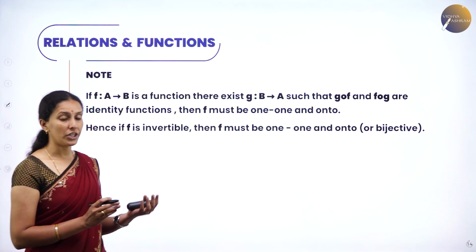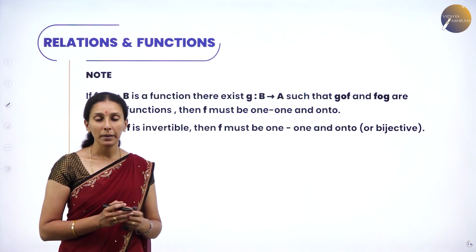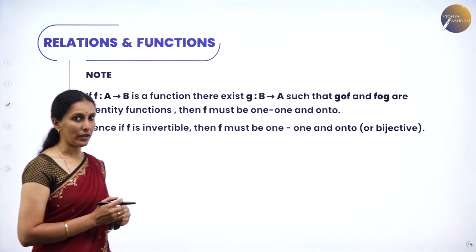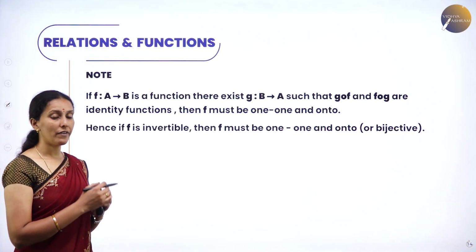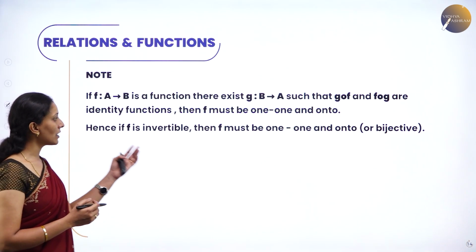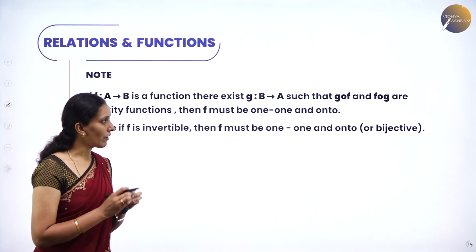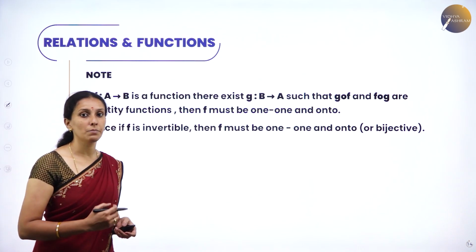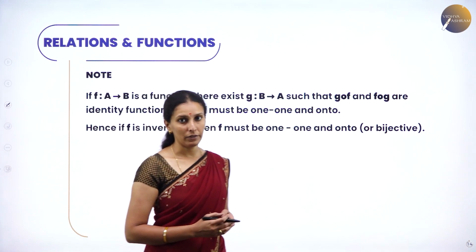That is, both g naught f and f naught g must be bijective functions. Therefore, we can also define the invertible function with one more definition: if f is invertible, then f must be 1-1 and onto. That is, if f is bijective, then f is invertible.